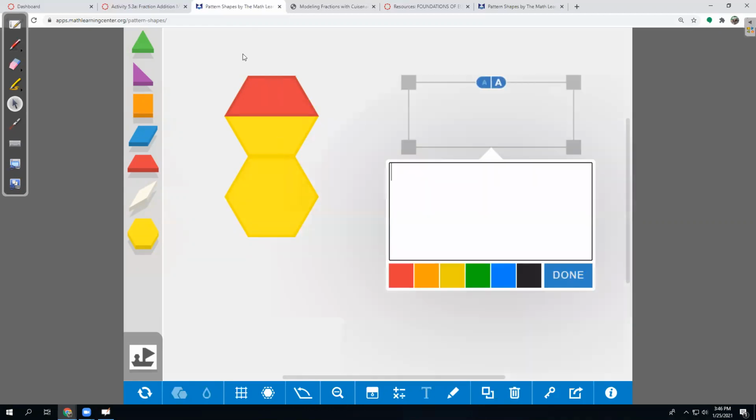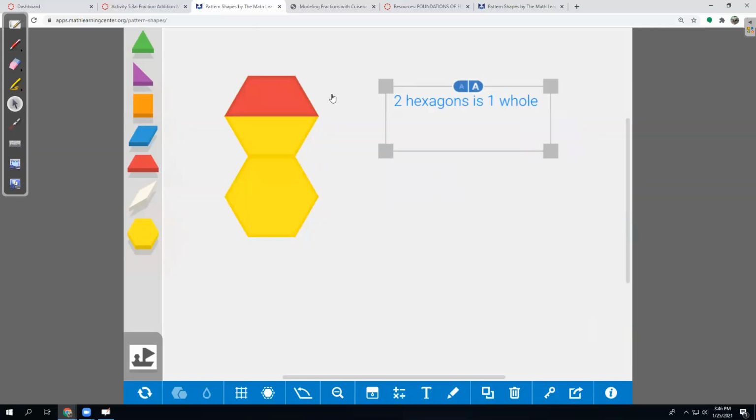So let's make a note. 2 hexagons is 1 whole. Let's just leave that at that. Put that up here.